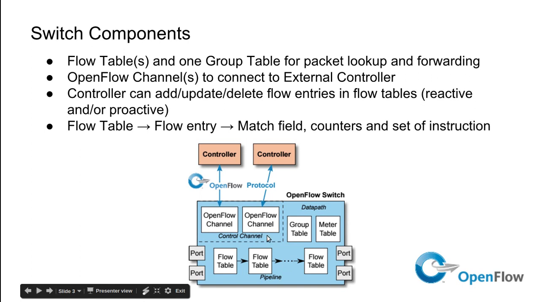We will also have some OpenFlow channels. These channels are a way to communicate with the external controllers, and the controllers, of course, can add, update or delete flow entries in our flow table, and they can do it either reactively or proactively.